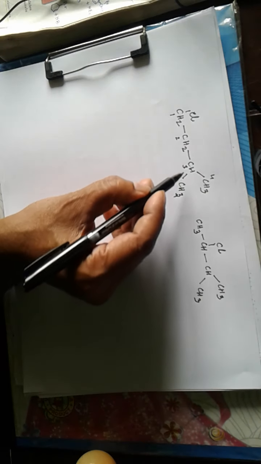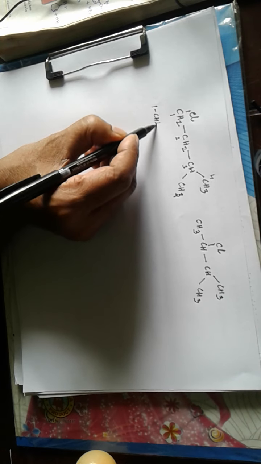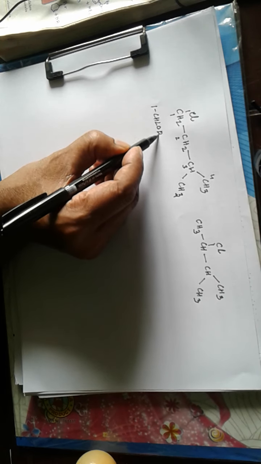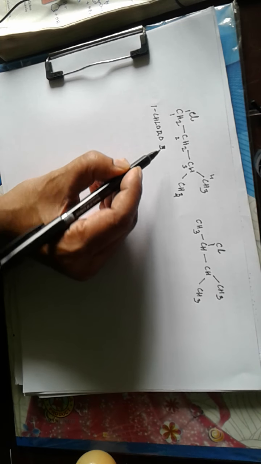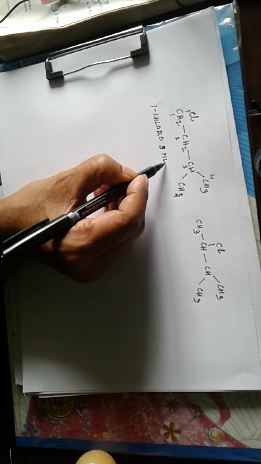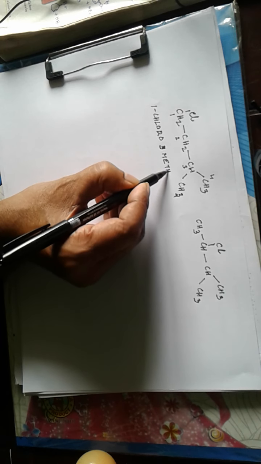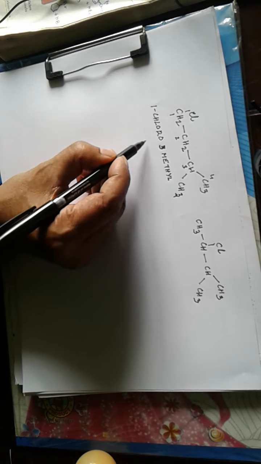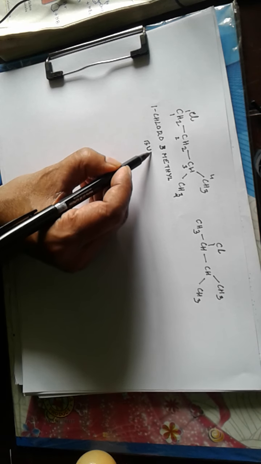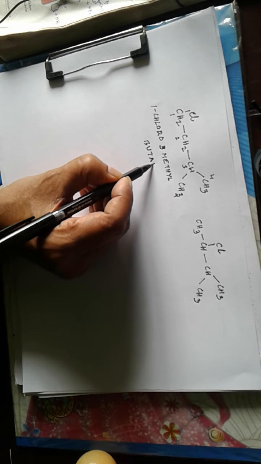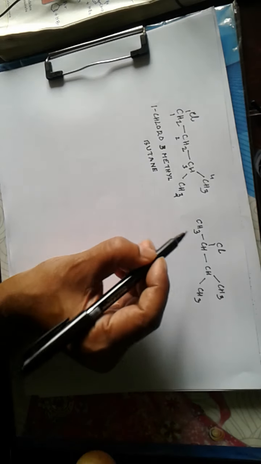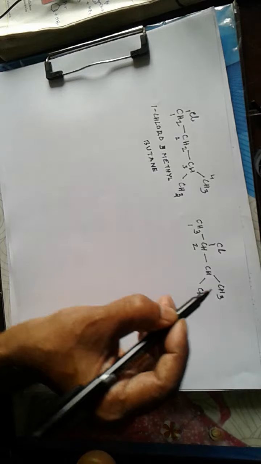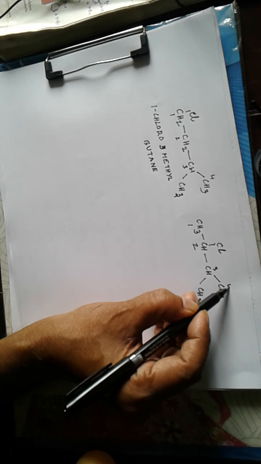So it is 1-chloro-3-methyl butane. And this one is 1, 2, 3, 4.